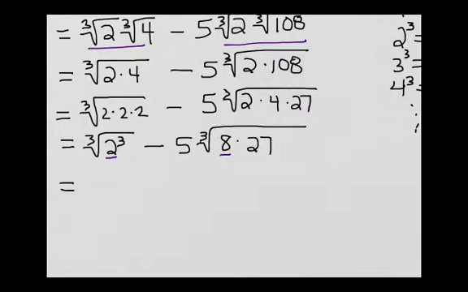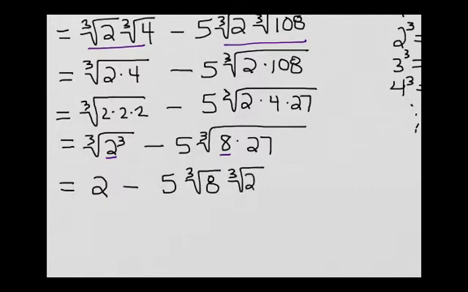So now cubing and cube rooting undo each other. If we cube a number and then take the cube root, we'll get back to our original number, which is 2. And this is going to be minus 5 times the cube root of 8 times the cube root of 27.